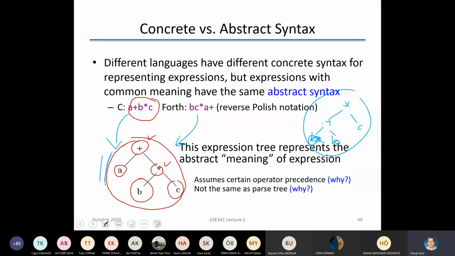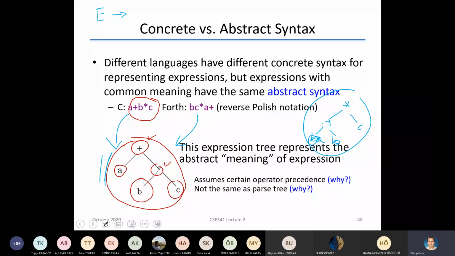addition. Now, the question is, how do I put this in writing in terms of a grammar? How do I describe this as part of a grammar? If I were to put the concrete syntax of this, I would probably do something like this. We have seen this, right? So expression goes to, my rules are going to be some identifier.